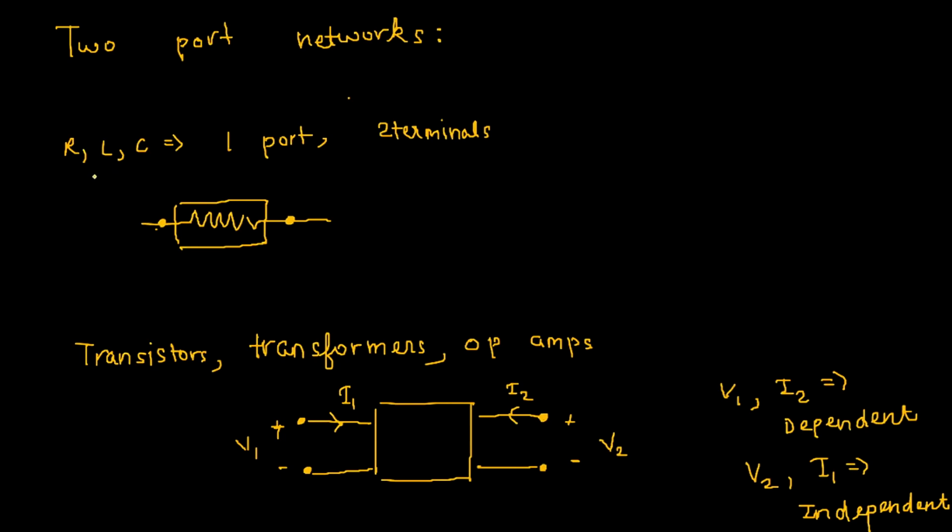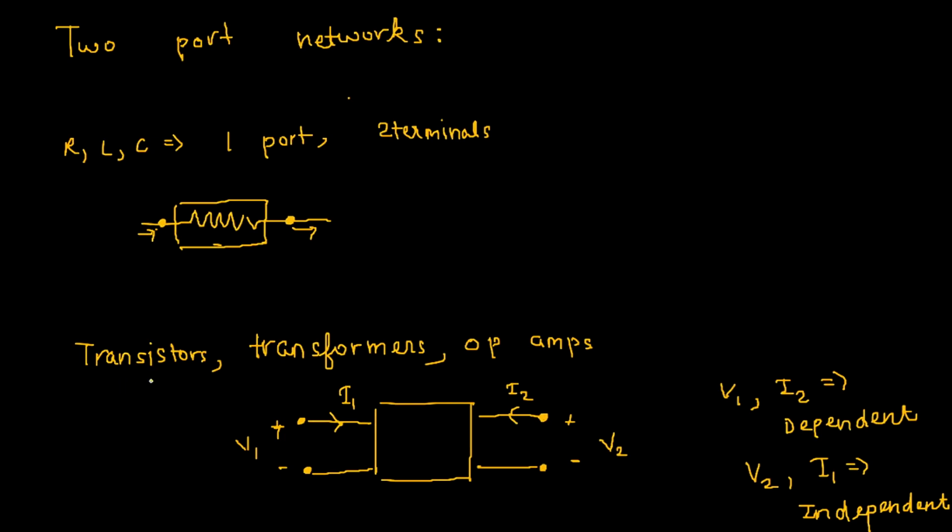Before that, let's have a look at the components that we already know, like a resistor, an inductor, and a capacitor. These are all one-port networks that have two terminals. So if this is your resistor, it has one terminal where the current enters and one terminal where the current leaves. So this is a one-port network.